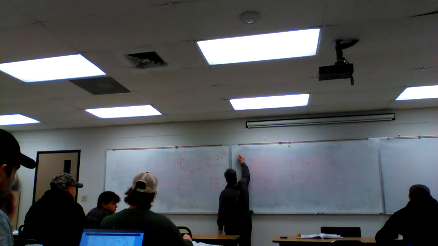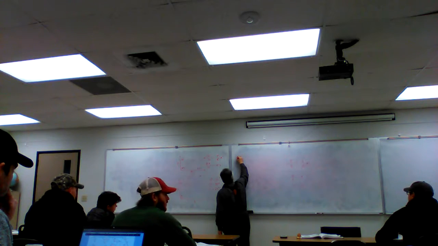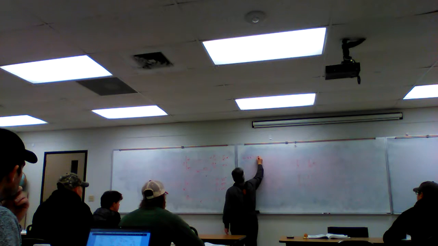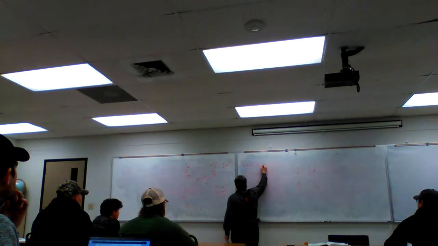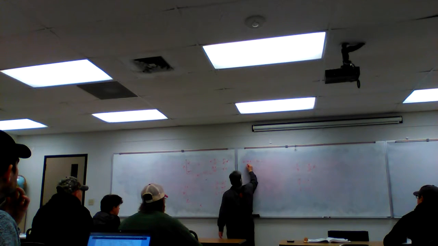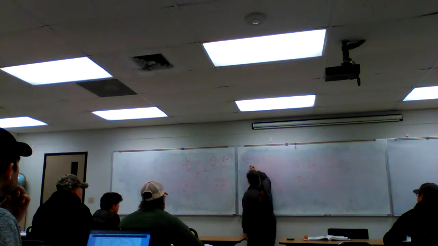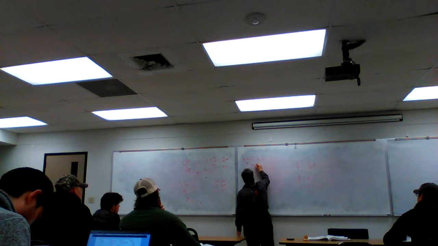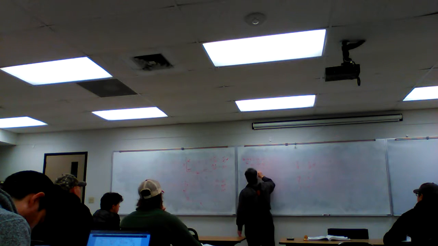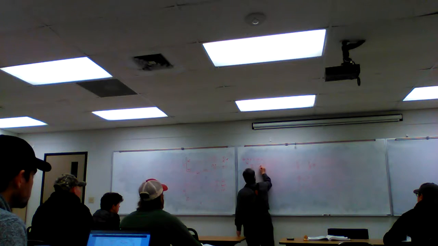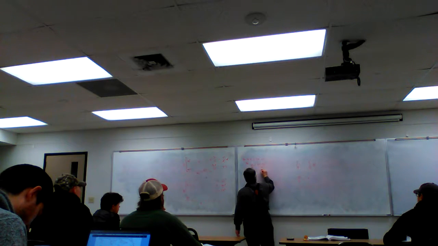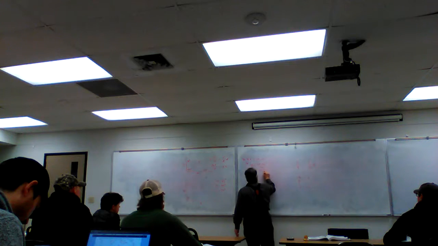So multiplying both sides of that equation by 20, we end up with 20 times 30 times x is equal to 45 times 20. The 20s cancel out here, and we're left with 30x equals 45 times 20. Divide both sides by 30, and we end up with x is equal to 45 times 20 divided by 30.